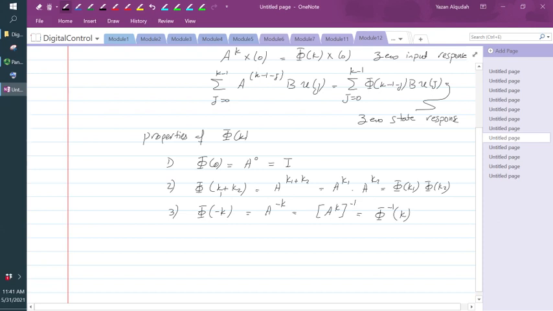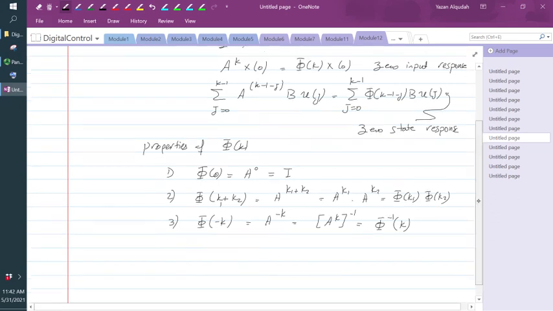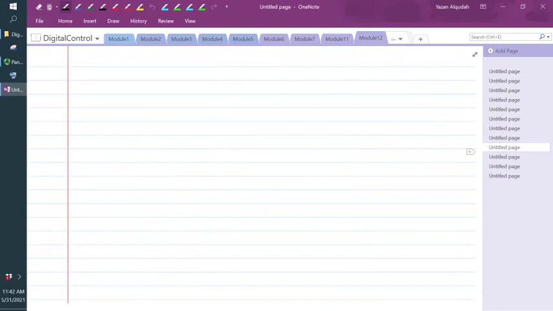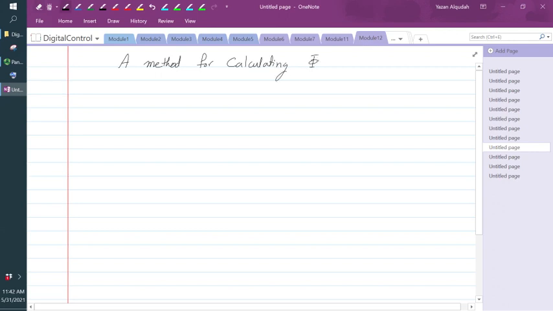Okay, how do we calculate phi of k? This is essential in order to calculate the response of the system. So let's look at a method for calculating phi of k, and again, this is equal to A to the k.